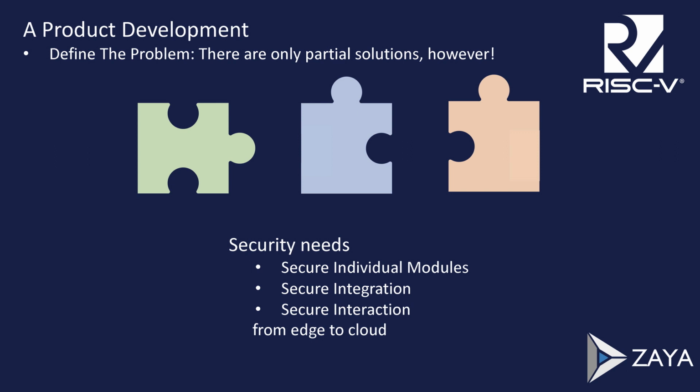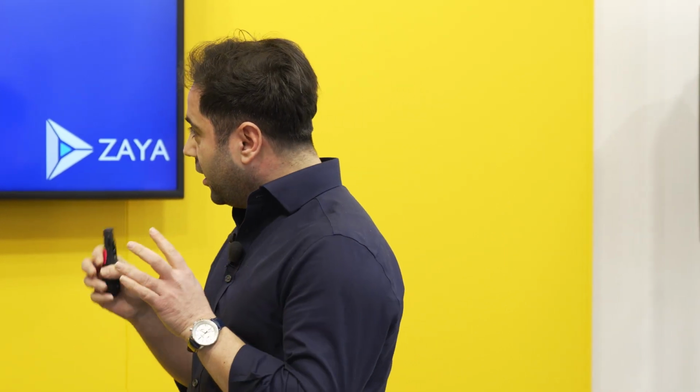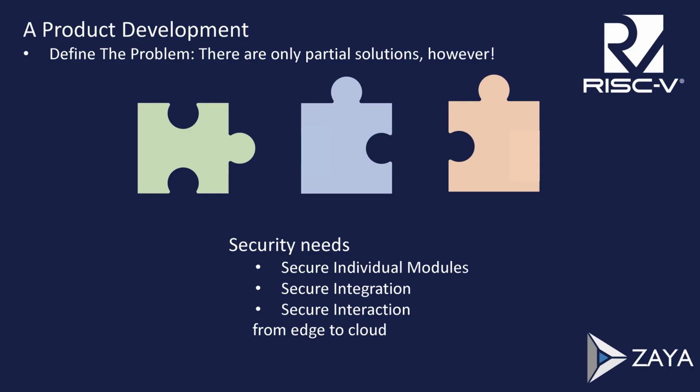At the moment, you probably have lots of products around, like partial solutions. They solve a partial problem, but we need a complete solution for RISC-V. It is also critical for security, and security needs individually secure modules, maybe guaranteed, certified, tested well, maybe tested by a third-party authority like security labs.